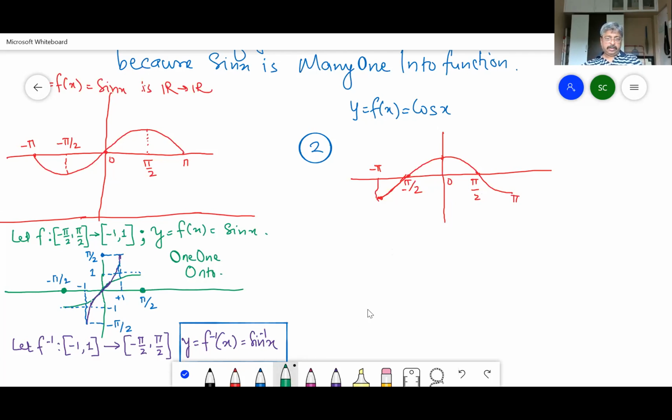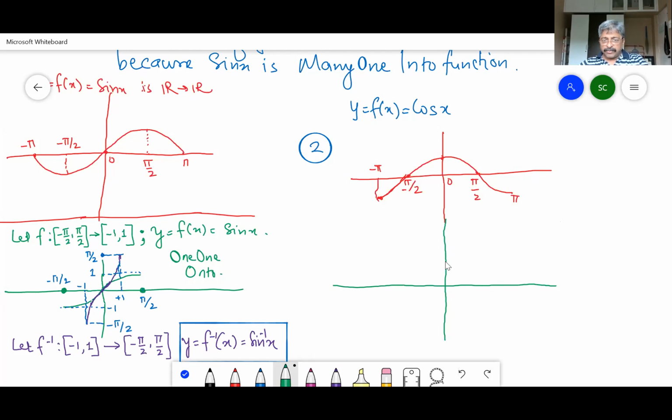So what is your choice? 0 to π. Yes, 0 to π. There are a couple of choices in this case, but the most popular and conventional choice is from 0 to π.